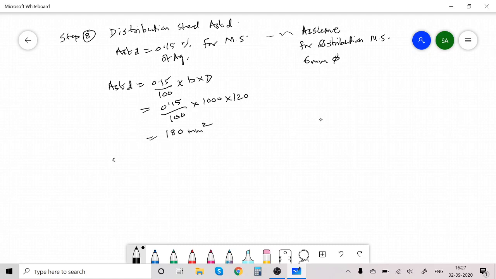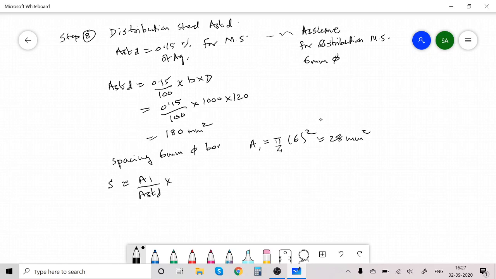So this is equal to 180 mm square. So we will find spacing of 6 mm diameter bar. Area of one bar, that is pi by 4 into 6 square, is say 28 mm square. Then spacing is equal to A1 upon Ast D into 1000, that is 28 divided by 180 into 1000. So here the spacing is 155 mm.